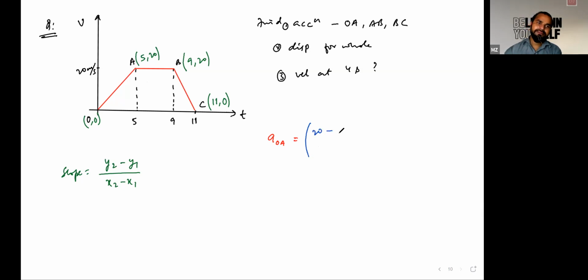And y1 is 0. Good. X2 is 5. Good. And x1 is 0. So just to simplify it, it will be nothing but 20 divided by 5 and it will give you 4 meter per second square.